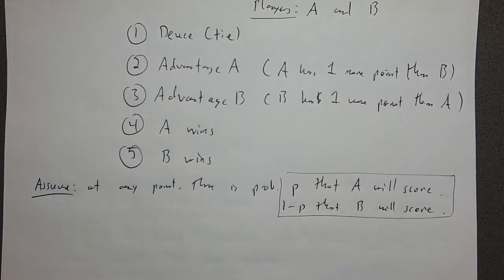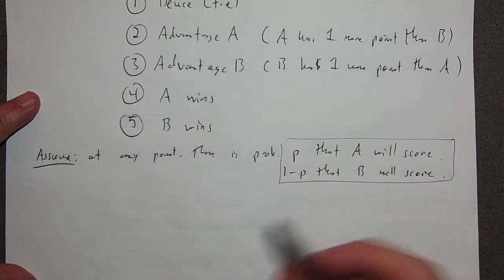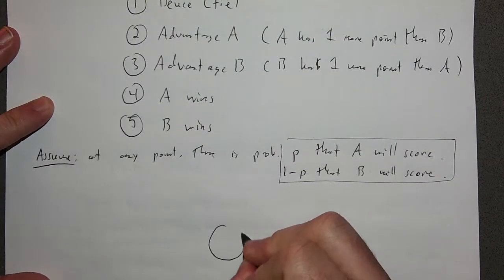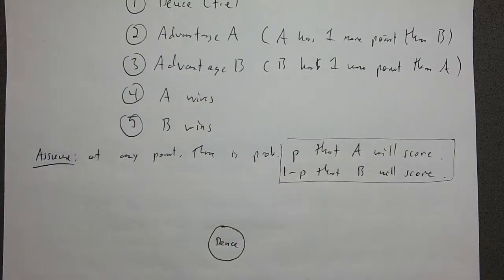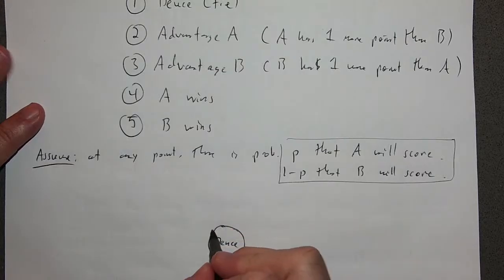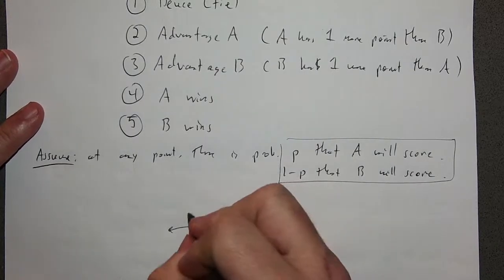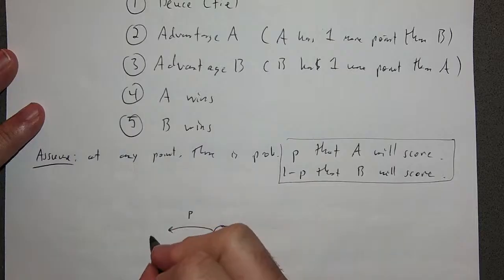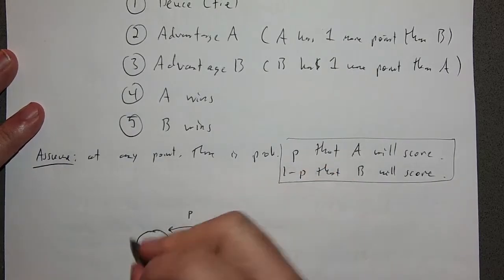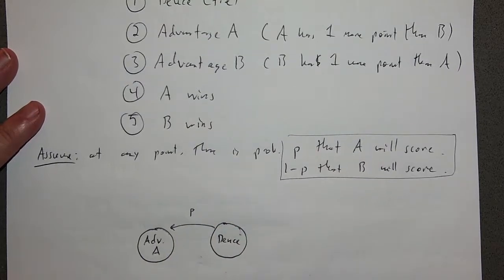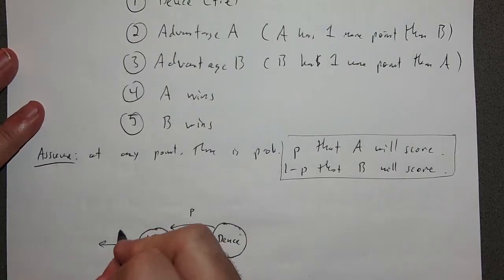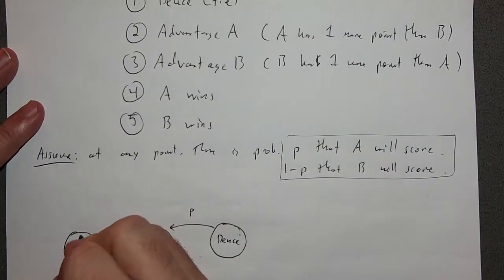Using that, we can now draw this Markov chain. So we're going to put deuce in the middle. From deuce, it is with probability p that A scores, which means this would take us to advantage A. If A scores again, that's probability p, which would take us to A winning.